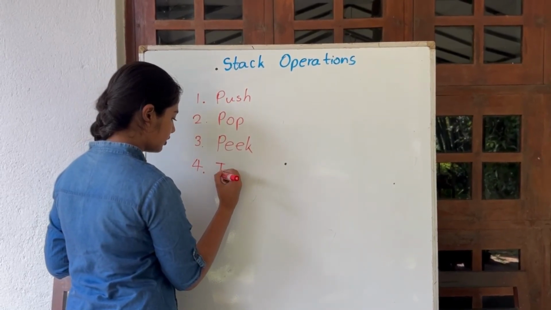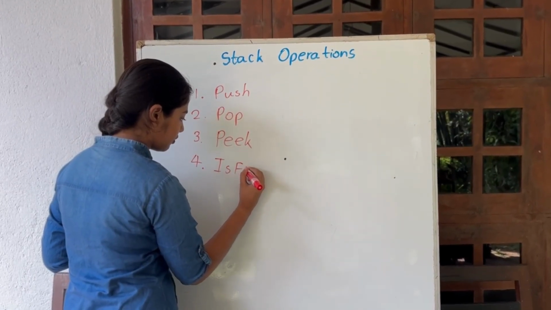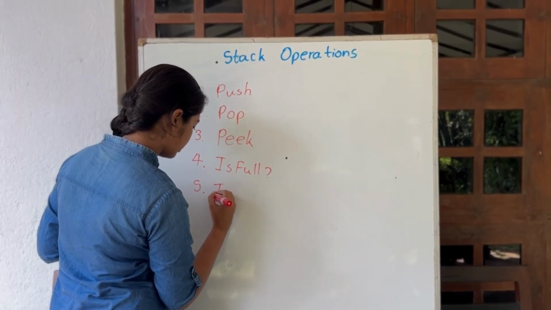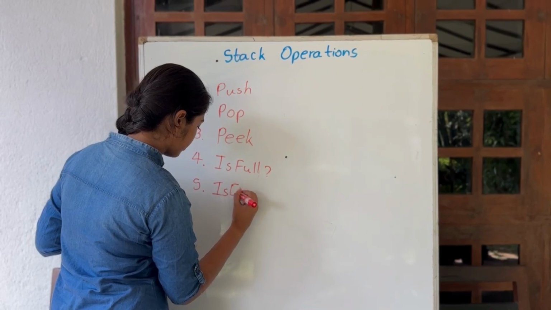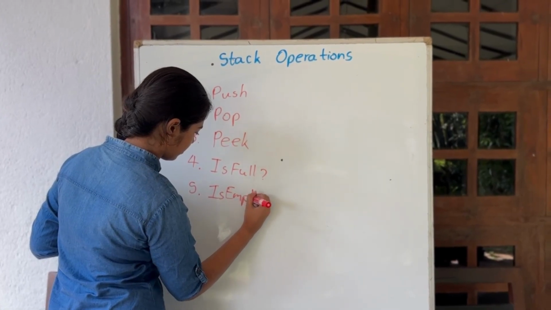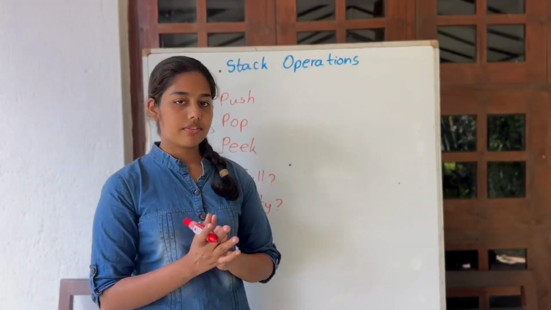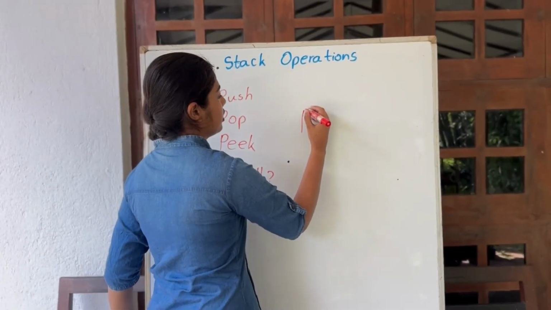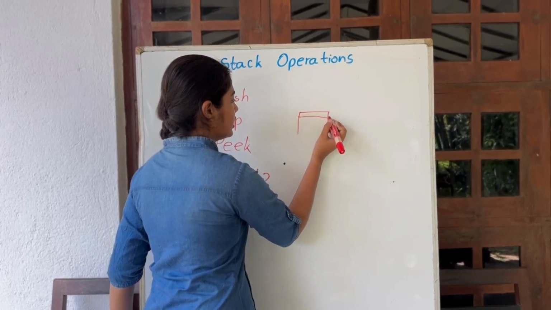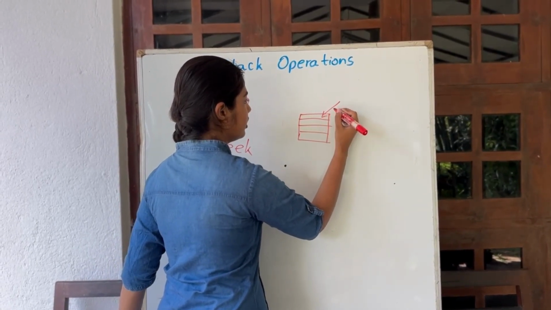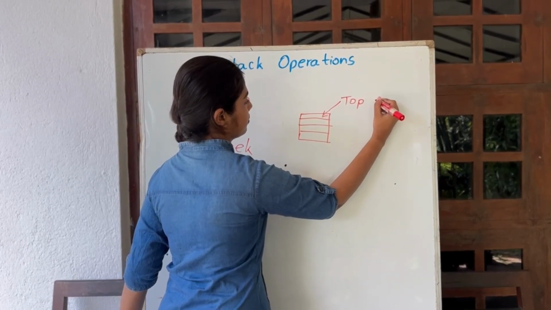Fourth one is full, and the last one is empty. In this stack, we have the top of the stack. This is the top of the stack.